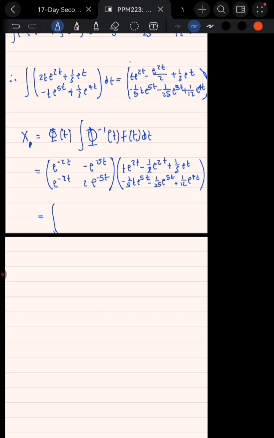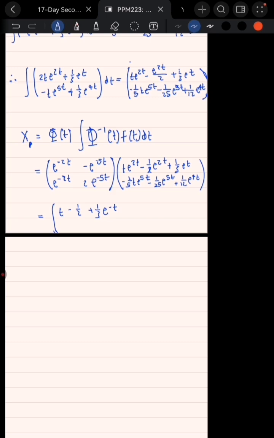e to the power minus 2t, we multiply it by this first row. We get t minus 1 over 2 plus 1 over 3 e to the power minus 2t.